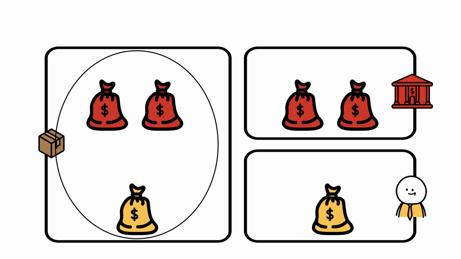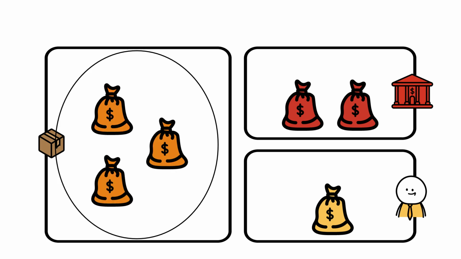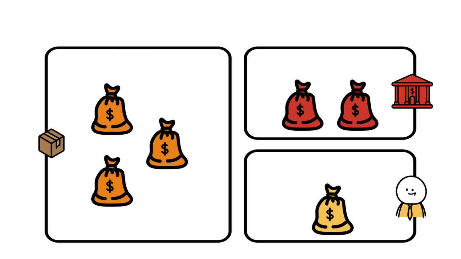So now we'll mix the yellow bag and the red bags together to create 3 orange money bags. On the left-hand side, we now have 3 orange money bags, and this is represented by the 2 red bags plus the 1 yellow bag on the right-hand side. Orange equals red plus yellow.